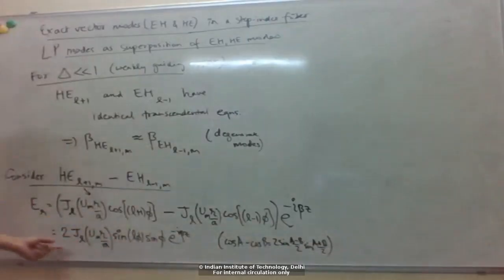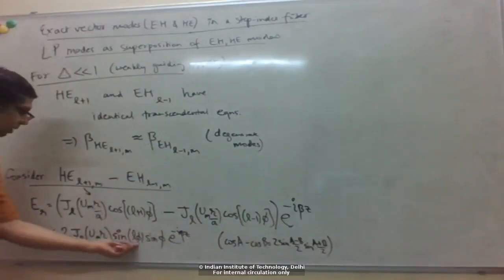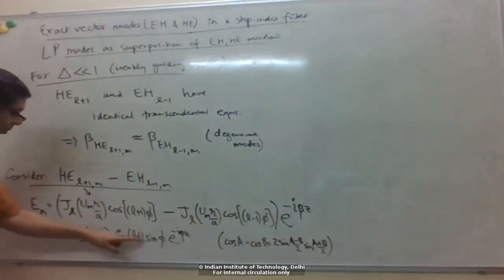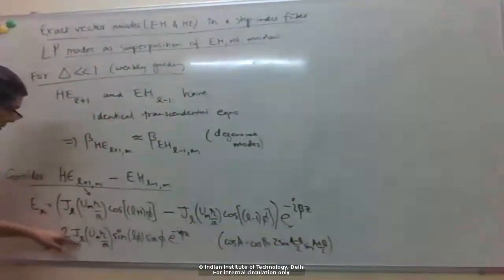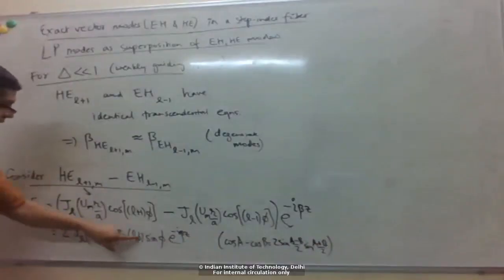You can see we are getting something already like J L times sine L phi. So this looks like the solution for the LP L M mode. We have J L and then sine L phi for the ER.